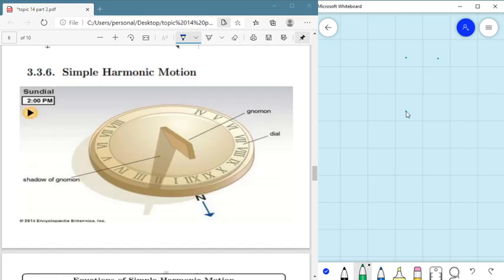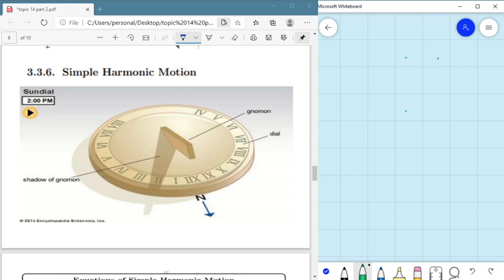Okay, let's proceed to simple harmonic motion. Repetitive or periodic behavior is common in nature, right? As an example, we have the time-telling device known as the sundial. It is a result of the predictable rising and setting of the sun every day.